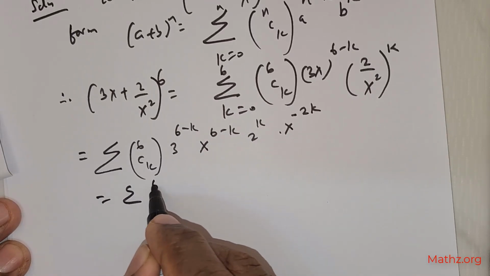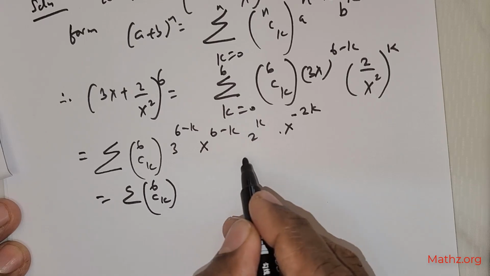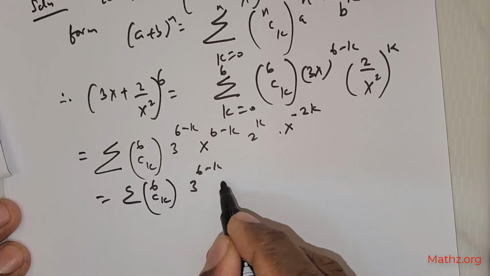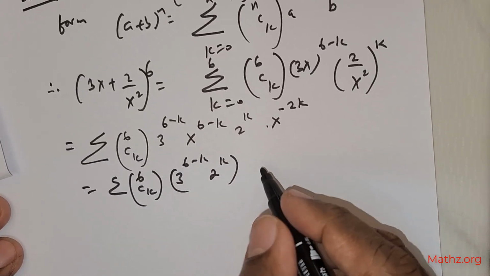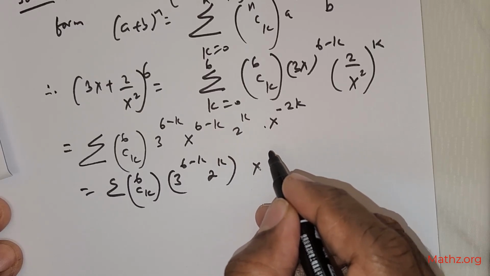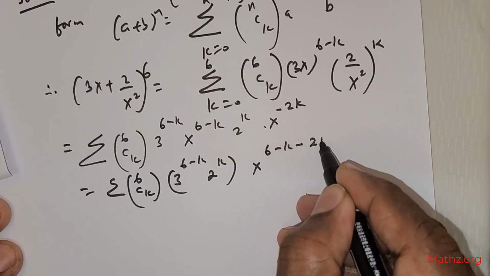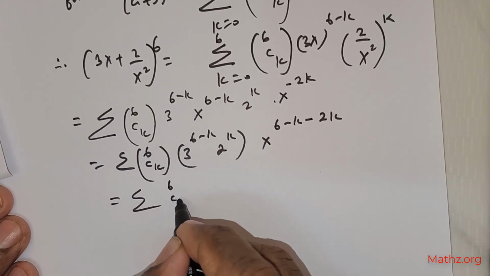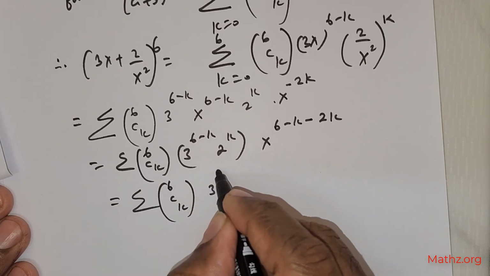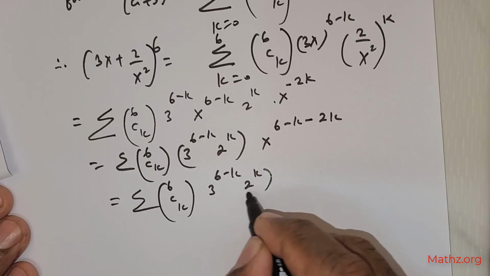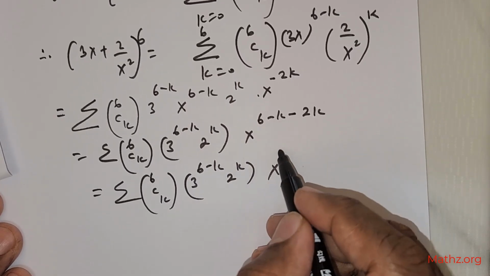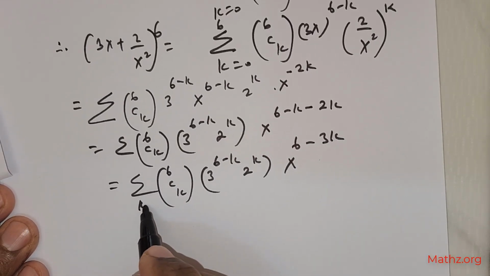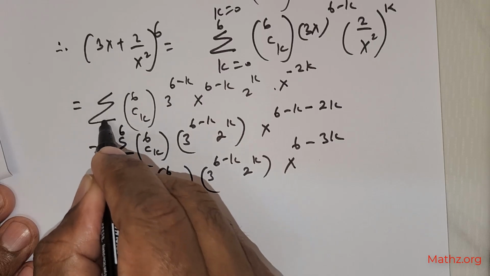So this is the sum of 6Ck times 3^(6−k) times 2^k, which is one term, and x^(6−k−2k). I can rewrite this as 6Ck times 3^(6−k) times 2^k times x^(6−3k), where k is equal to 0 to 6.